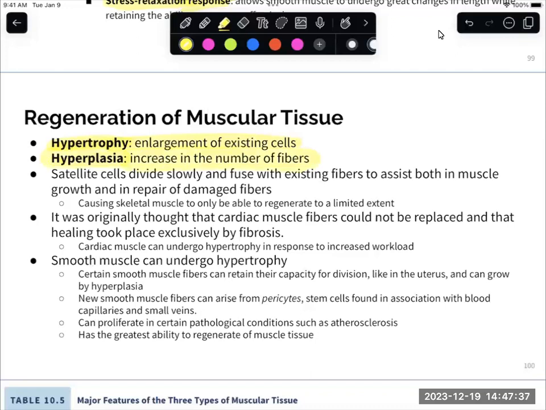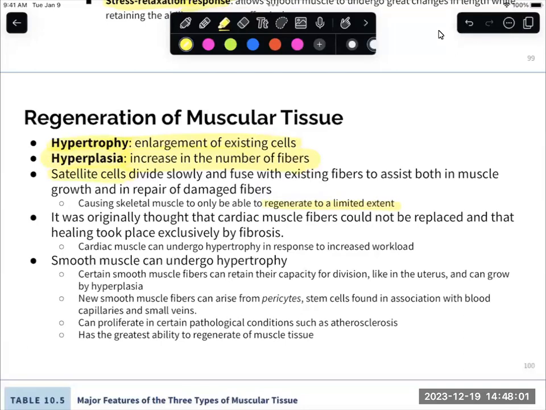Hypertrophy, enlargement of cells. Hyperplasia, increase in the number of cells. Those satellite cells, again, are the stem cells of muscle fibers. They can divide slowly, and they can help to repair damaged fibers. They can repair to a limited extent.